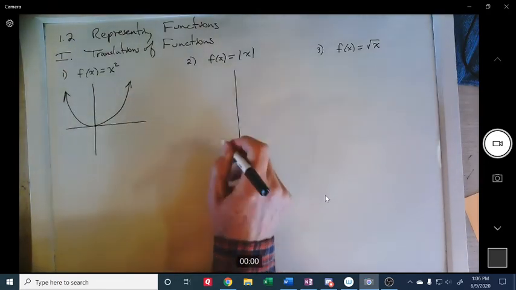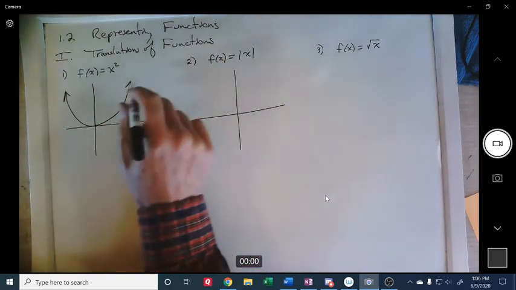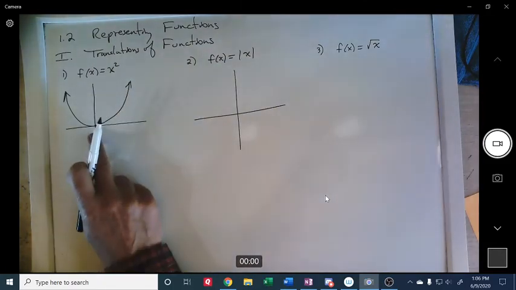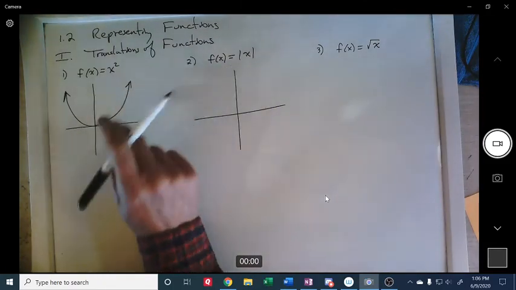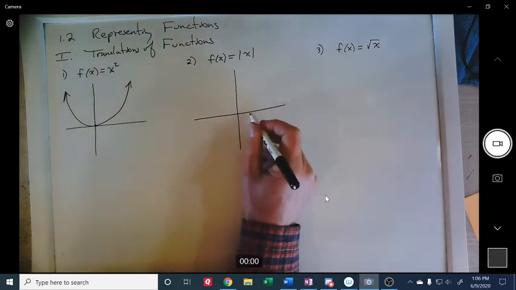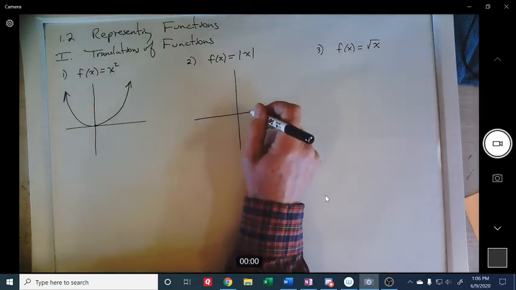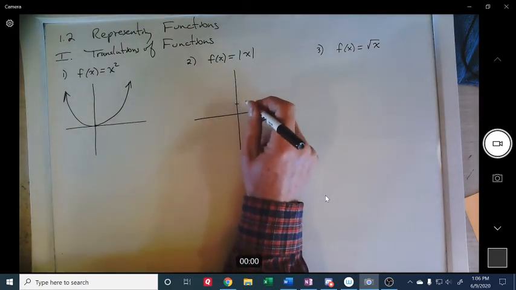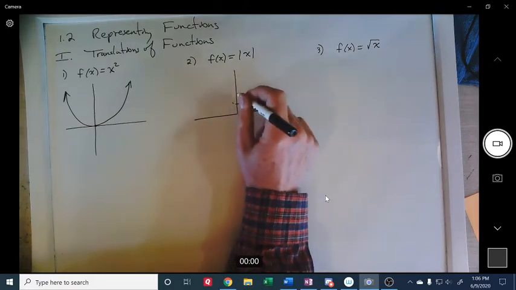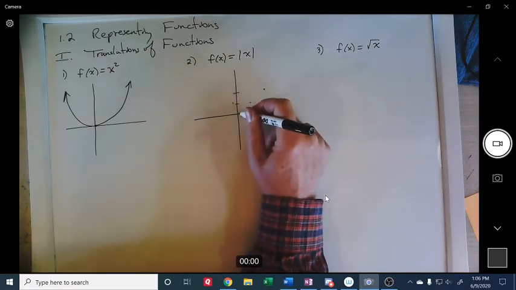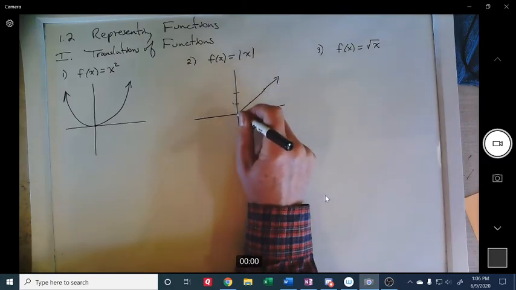This one has a lot in common with this parabola, but it doesn't rise as fast. When the input is 1, the output is 1. When the input is 2, the output is 2. It rises as a straight line.